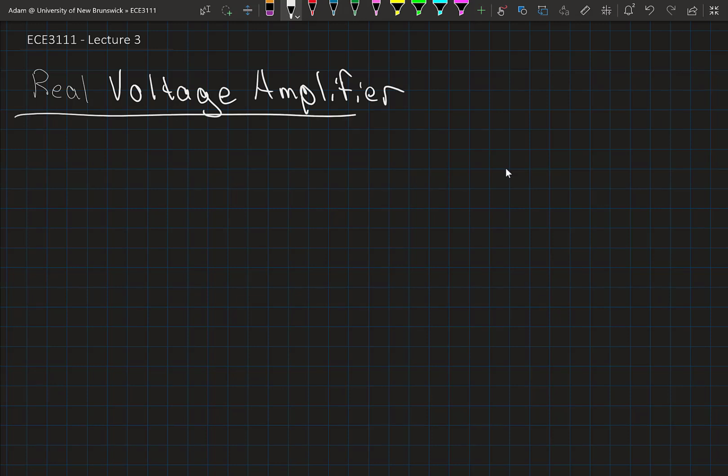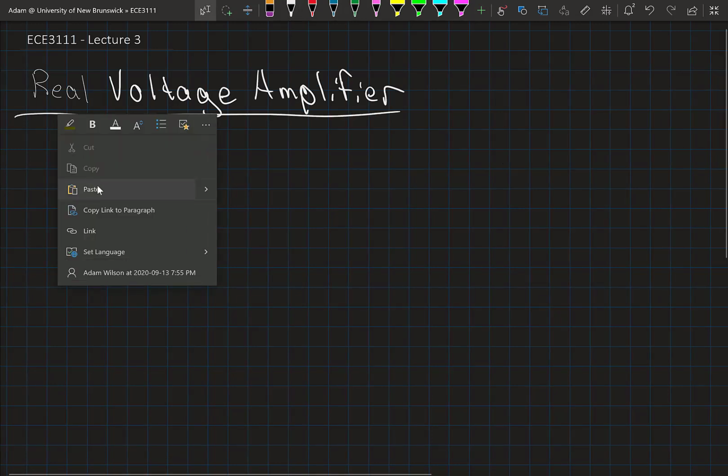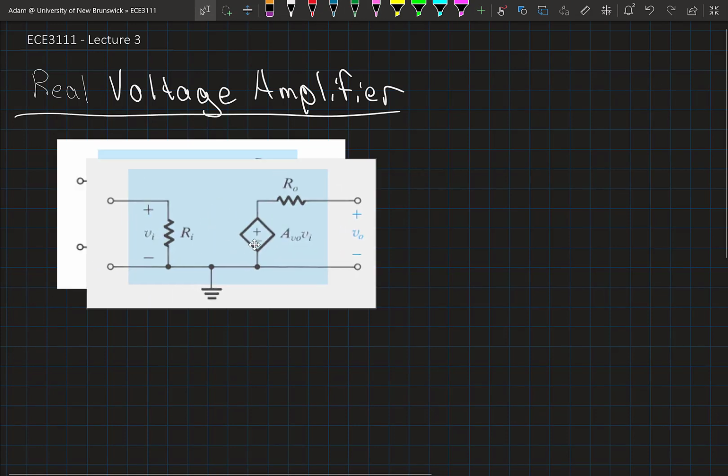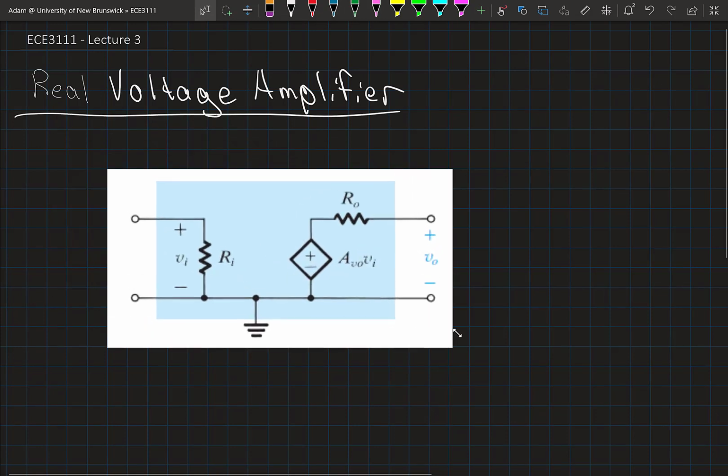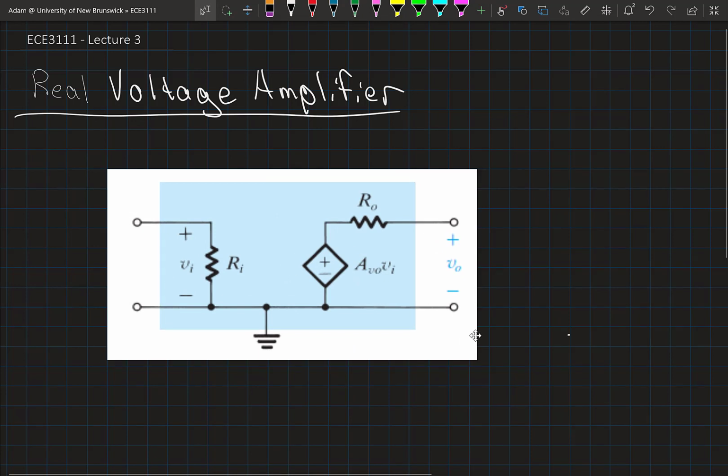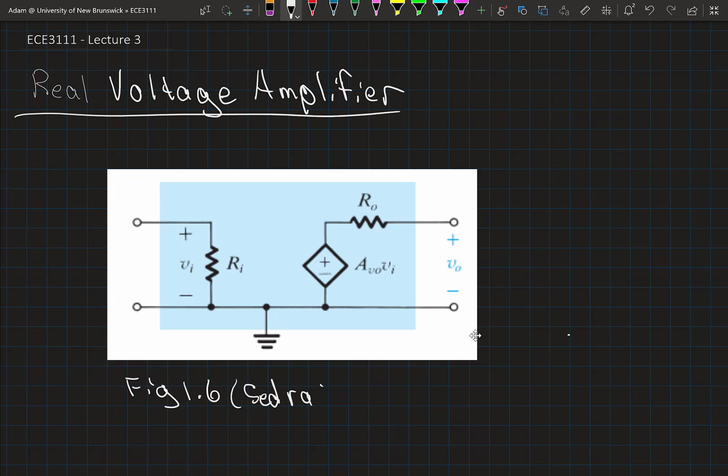Okay, and I'm going to build this around an image I've drawn from Sedra Smith. So this is figure 1.6 from Sedra Smith. I think this is actually figure 1.6a.